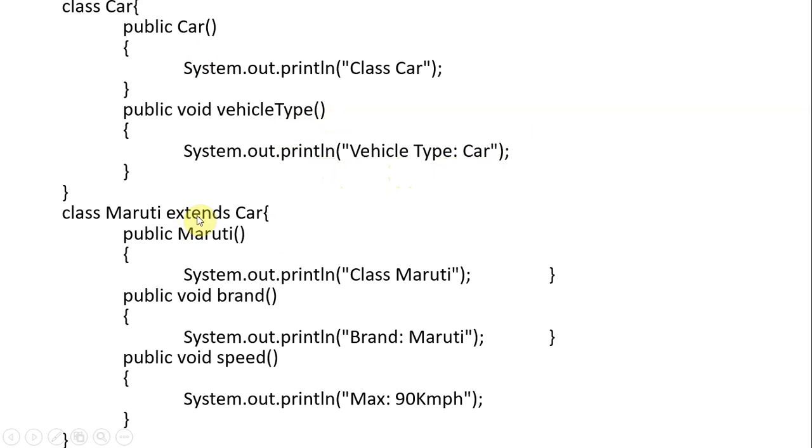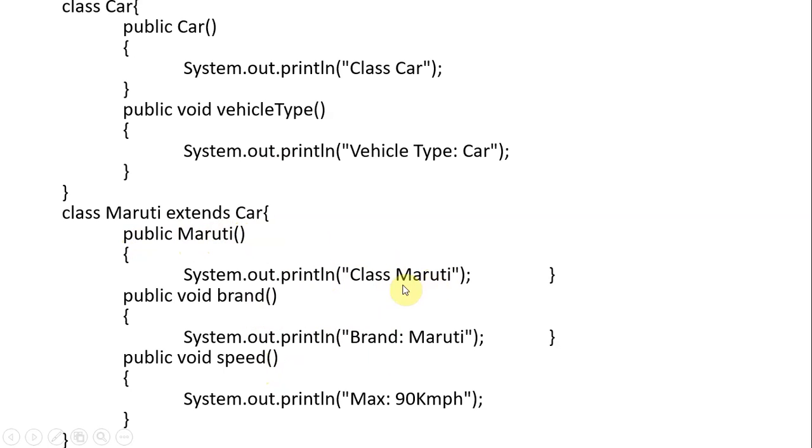Now class Maruti extends Car. So Car is like a grandparent class, and Maruti is a parent class. In this we have three methods: one is a constructor, the second one is brand, the third one is speed. So we try to display related messages.